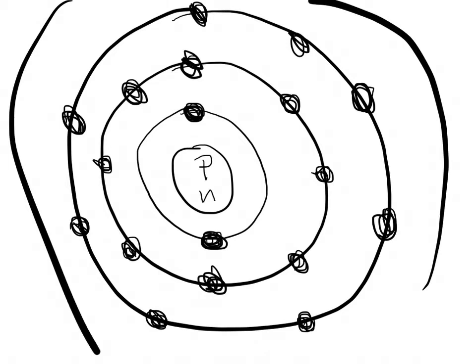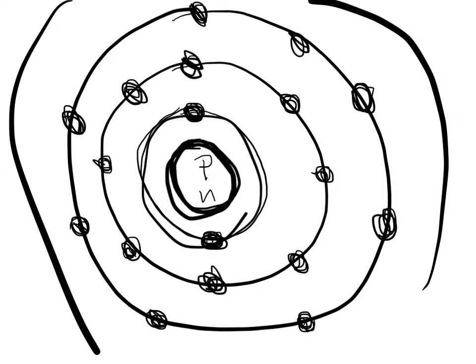But each subsequent shell or energy level can only hold up to 8 electrons, except for the first one, which can only hold 2. And here is a basic Bohr model with the nucleus acting like the sun and the electrons occupying the energy levels around it. In this analogy, the electrons are like planets and the nucleus is like the sun.